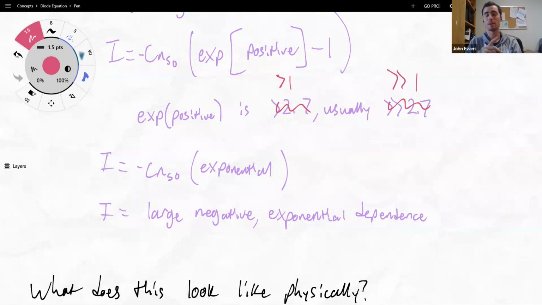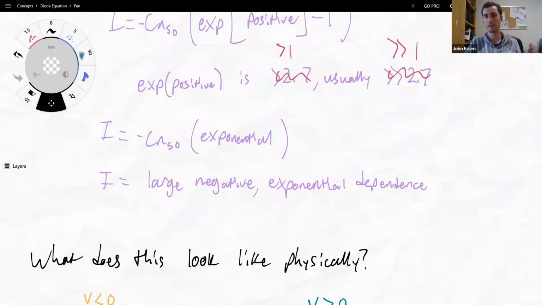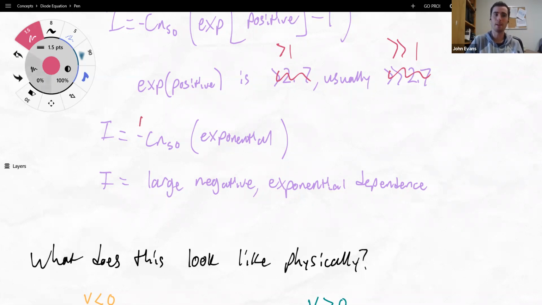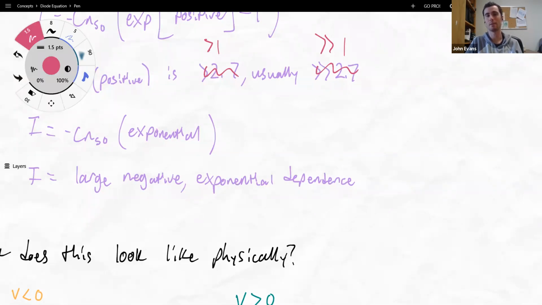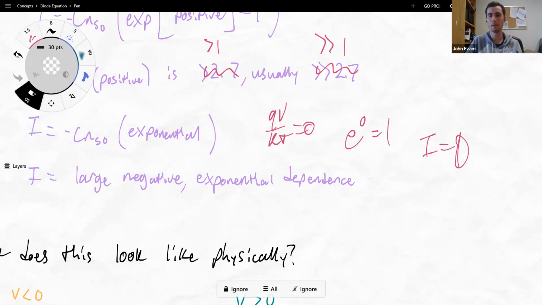If it's positive, it's going to be at least 1, and it's going to continuously increase, although it's going to increase in the negative direction here because of that minus sign. Now, if the applied voltage is 0, we get qV/kT equal to 0, which means e to the 0 is equal to 1, which means we get I equal to 0. So at 0 applied voltage, we get 0 current.